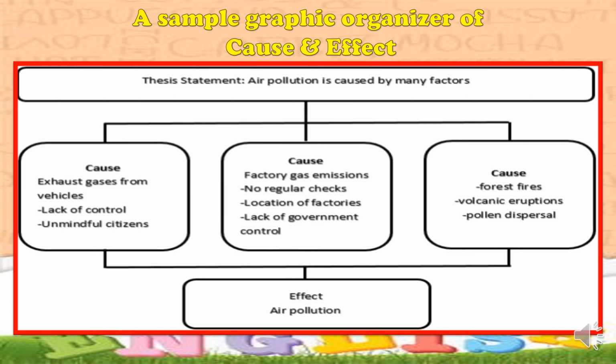The second cause: factory gas emissions, no regular checks, location of factories, lack of government control. And another one, we have the forest fires, volcanic eruptions, and pollen dispersal. And for the effect, we have air pollution.